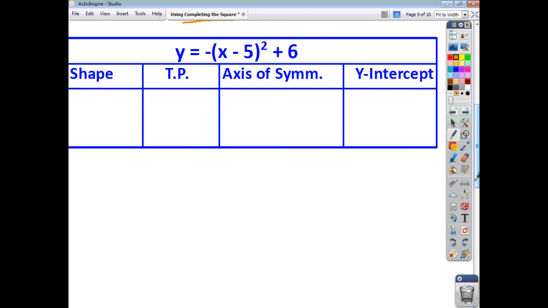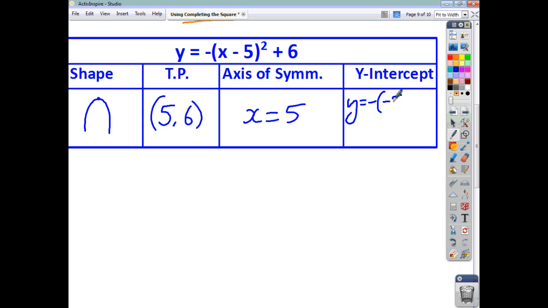Now this one, when you would multiply everything out here, you're going to get negative x squared. So that means your shape is going to be n-shaped. So your turning point is a maximum turning point, and it's going to occur when x is 5 and when y is 6. The axis of symmetry is going to be when x equals 5, and your y-intercept is going to happen when x is 0.